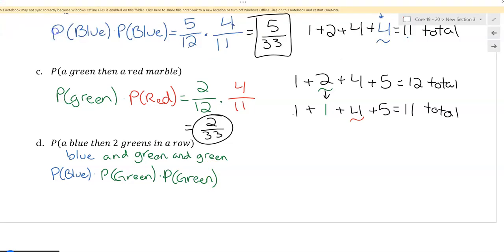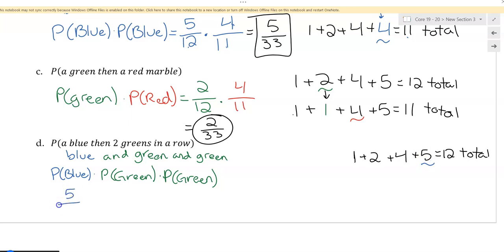Okay, so to choose my first one, how many total do I have, right? We have 1 yellow, 2 green, 4 red, 5 blue for our 12 total. Nice and easy. So when I'm choosing that blue first, there are 5 blue out of 12 total.